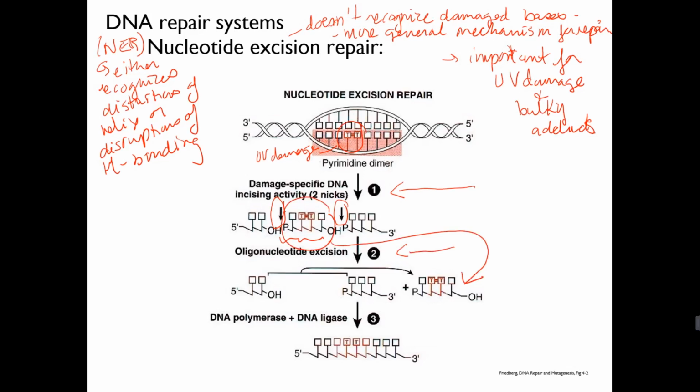Then in step number 3, which is depicted here, the DNA polymerase reaction occurs, and the DNA polymerase fills in the gap. The template for the DNA polymerase reaction is the strand to which the damaged strand was originally annealed.